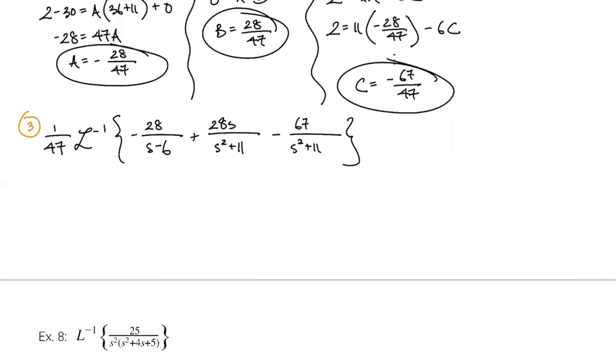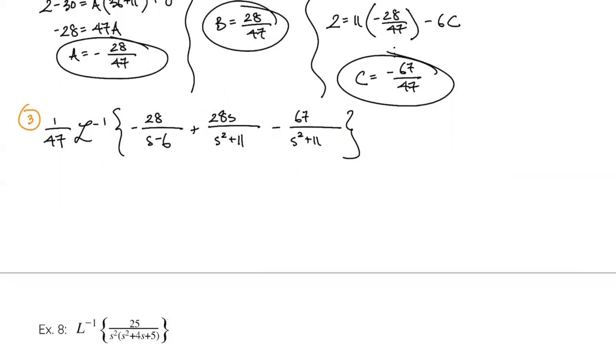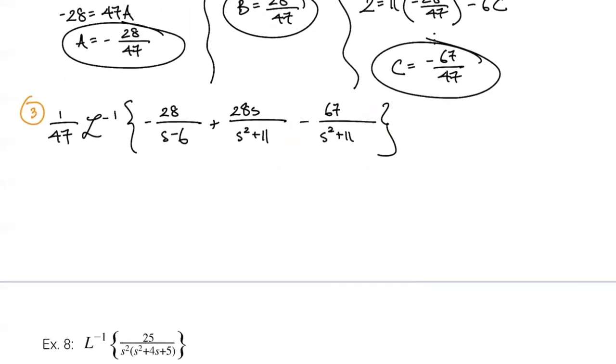What do I need to multiply that third one by to make it match something from the table? Square root of 11. Yeah, we're going to need to multiply by the square root of 11.